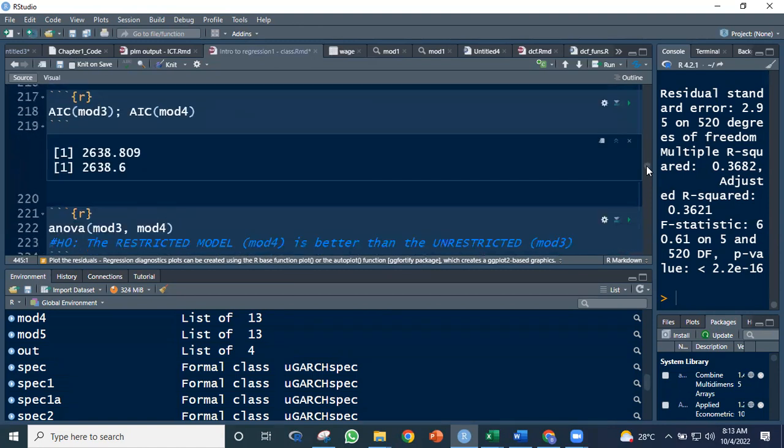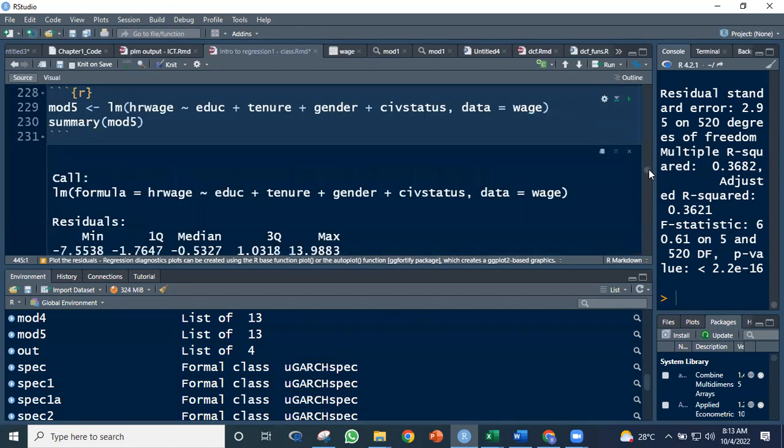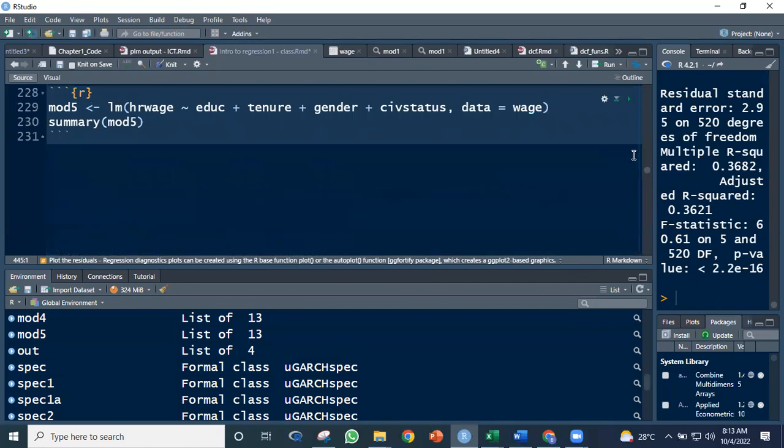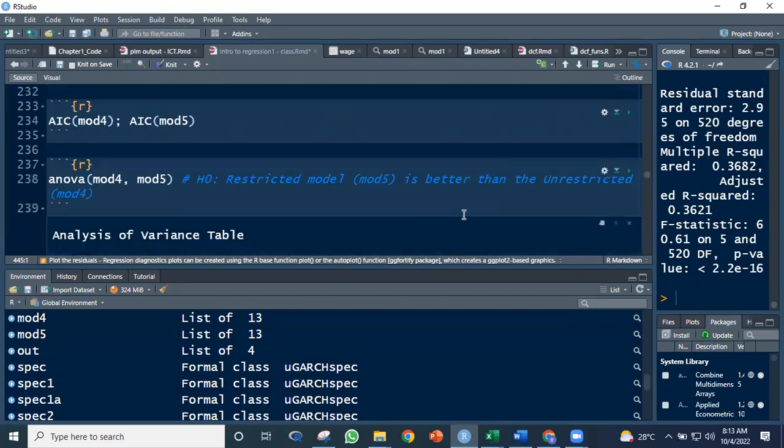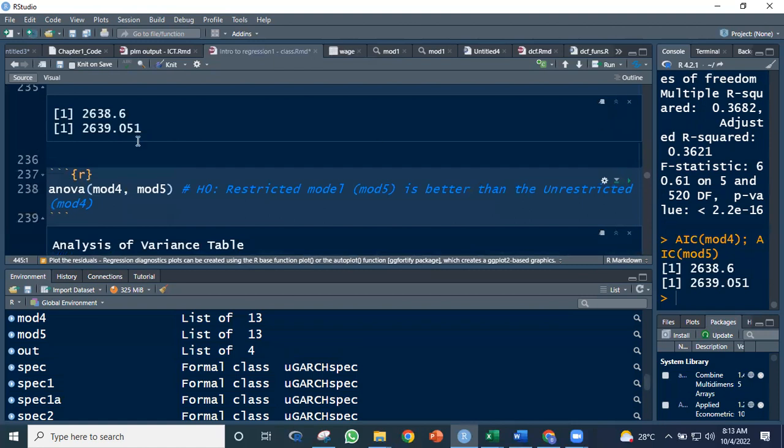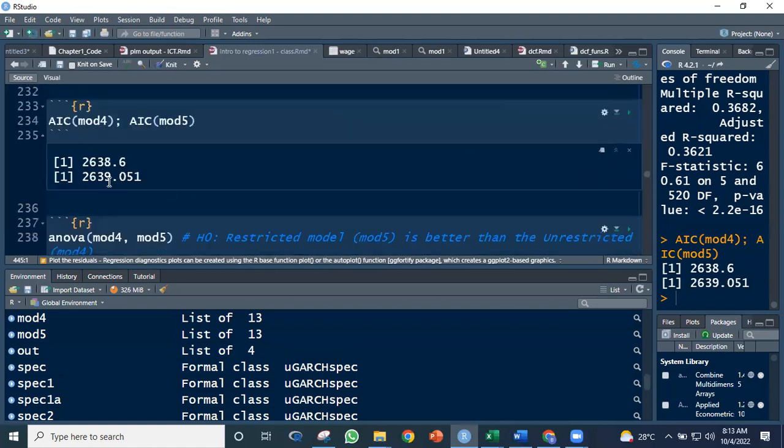And then, how do you know which model is better? There are several ways to do this. We can use AIC. By comparing AIC, we notice that model number 4 is preferred to model number 5, because for AIC, the lower the better.